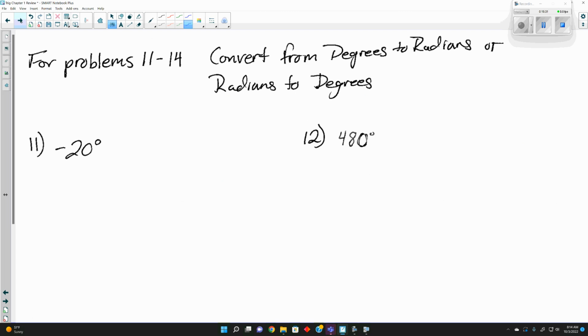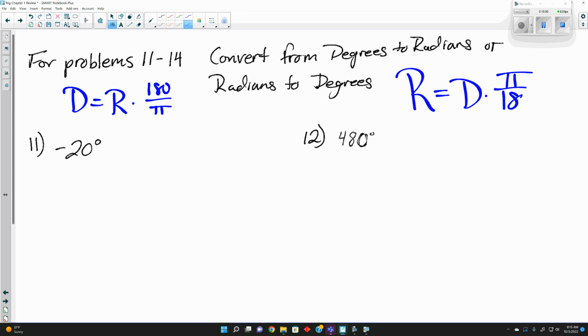11 through 14, convert from degrees to radians or radians to degrees. To get back to degrees, we multiply radians by 180 over pi. To get to radians, we multiply the degrees by pi over 180.